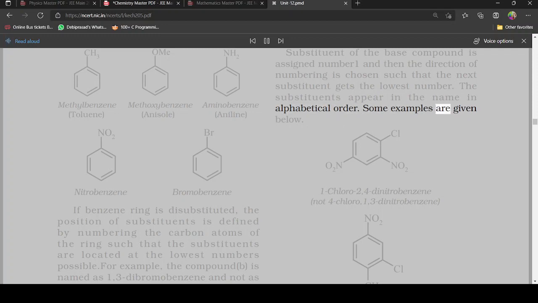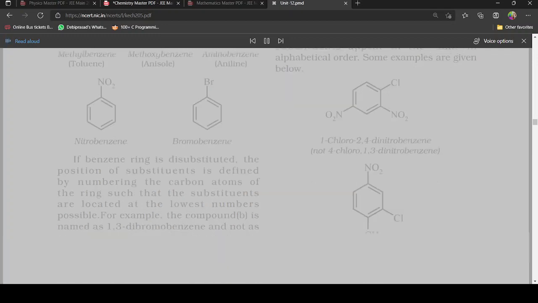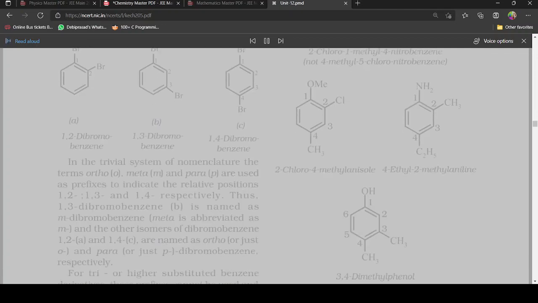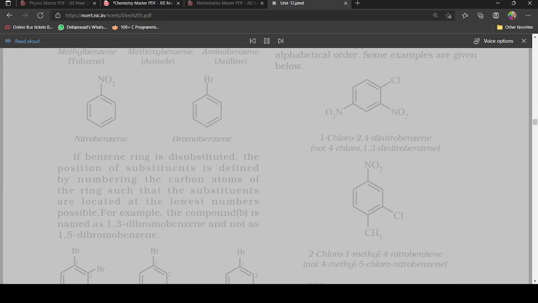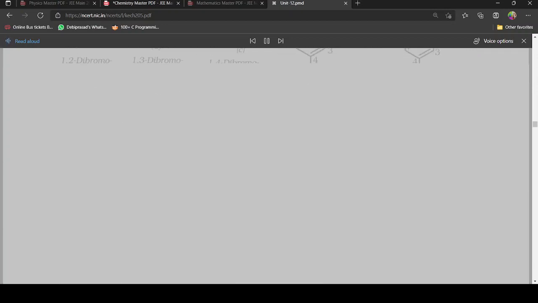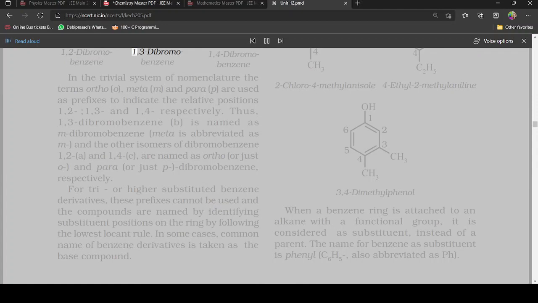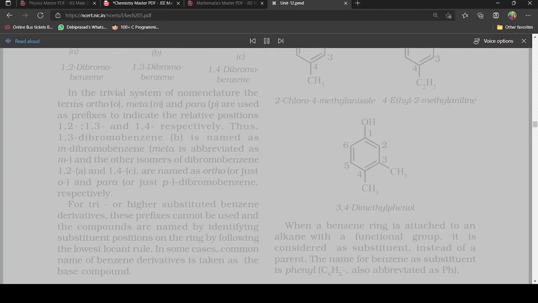Some examples are given below. 2-chloro-1-methyl-4-nitrobenzene, not 4-methyl-5-chloronitrobenzene. 3,4-dimethylphenol. Methylbenzene, methoxybenzene, aminobenzene (toluene, anisole, aniline). Nitrobenzene, bromobenzene. 1,2-dibromobenzene, 1,3-dibromobenzene, 1,4-dibromobenzene (A, B, C).